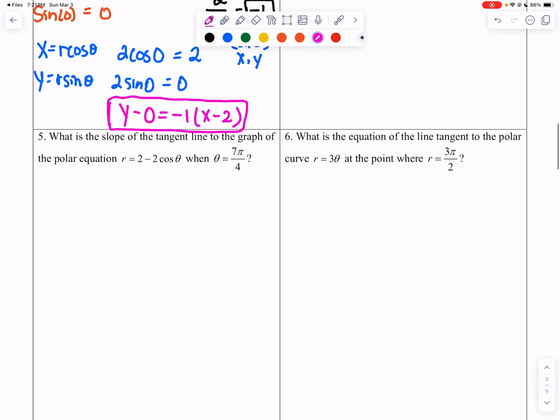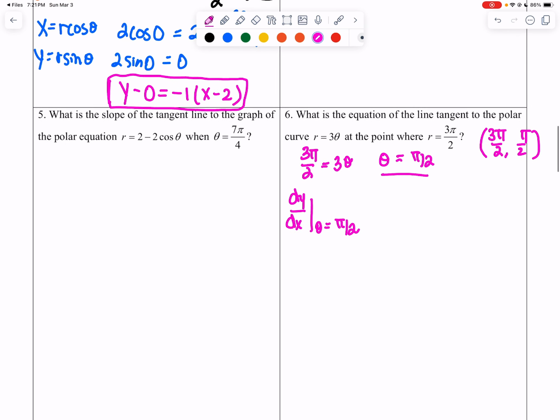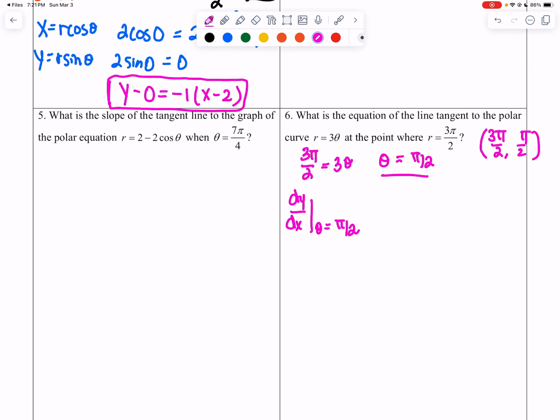So here, if r is 3 pi over 2 and that's 3 theta, this is going to give me theta being pi over 2. So whenever we take the derivative, this is going to be in terms of pi over 2. So this right here is (3 pi over 2, pi over 2). We're going to need that, and remember that this is (r, theta).